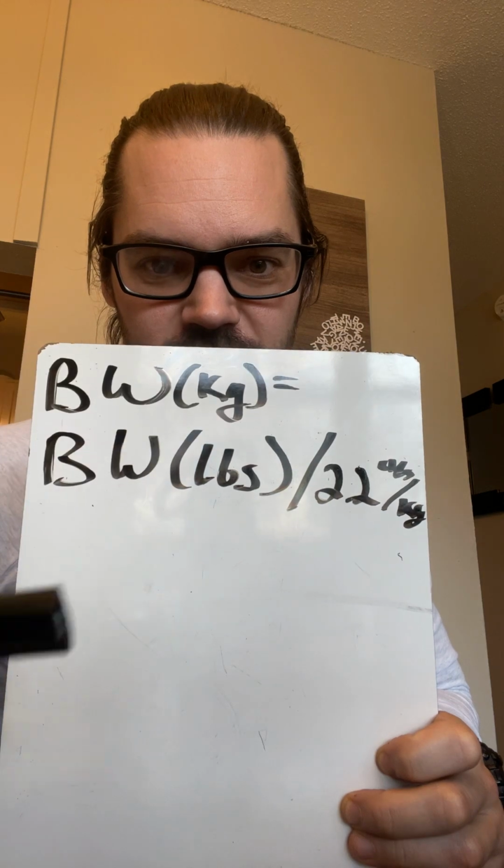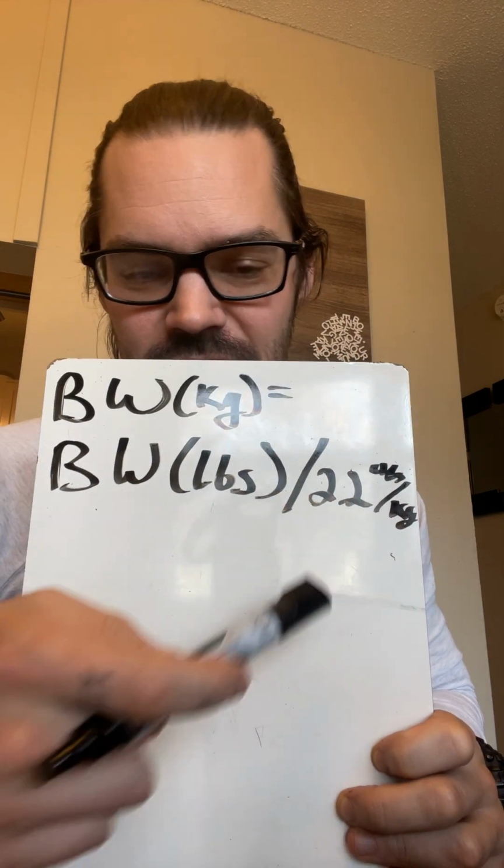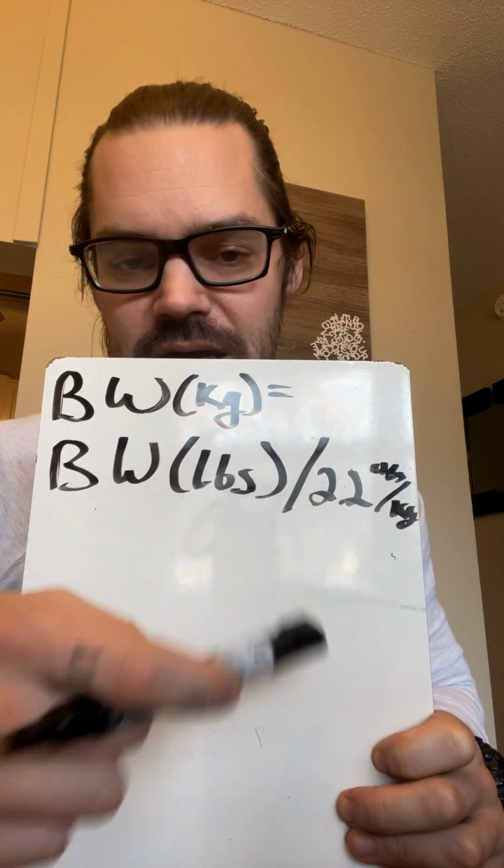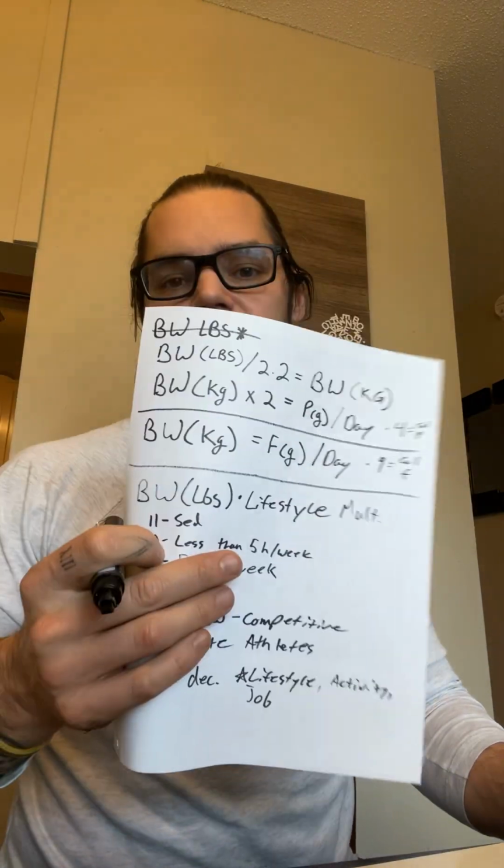Body weight in kilograms equals body weight in pounds divided by 2.2. I already did my math, so I'm just going to copy it over because my calculator is my phone and I'm talking at my phone.